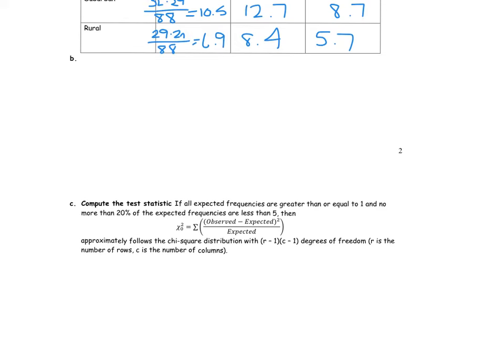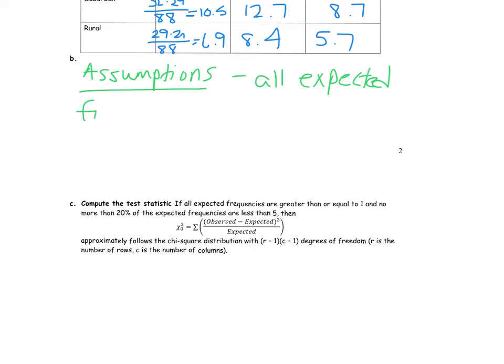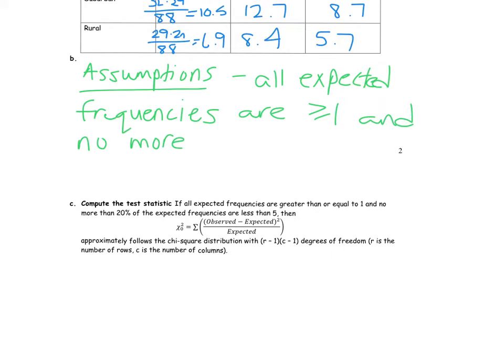Our assumptions to run the hypothesis test, we check after we do the expected frequencies. Our assumptions for this hypothesis test are that all expected frequencies, so what we just calculated, are greater than or equal to 1, and no more than 20% of the expected frequencies are less than 5.